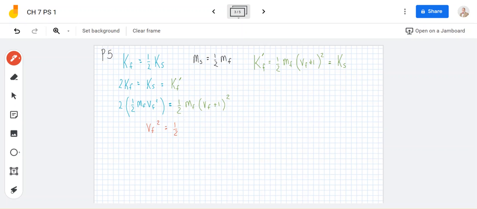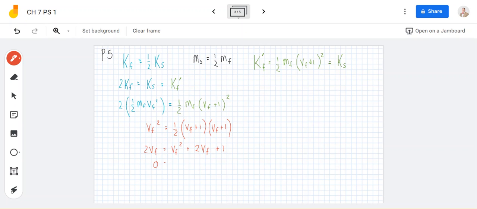1/2. I'm going to expand this. Because it's squared, I just expanded it there. Multiply this by 2. And if I expand this, I end up with v father squared plus 2 v father plus 1.